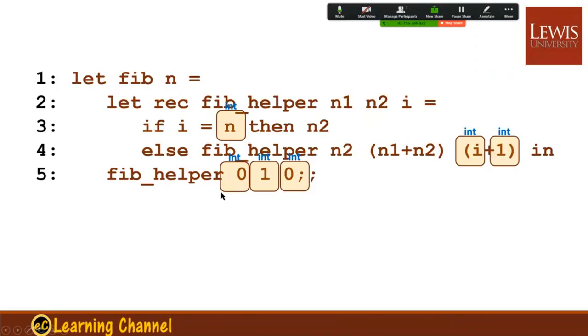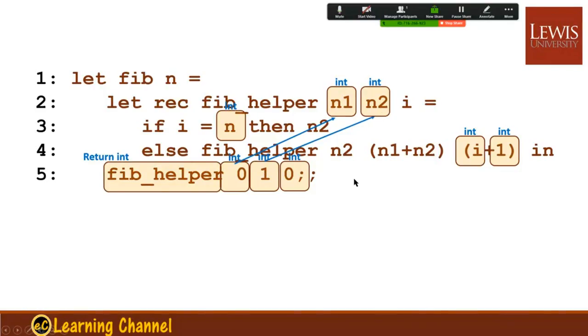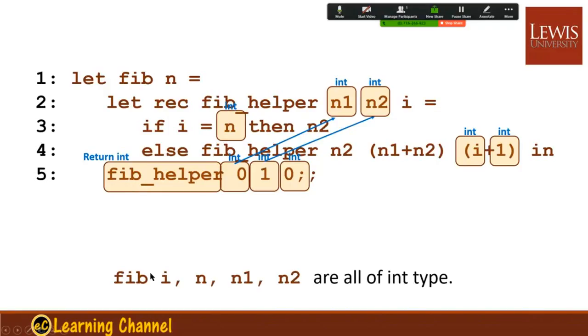And then we have this helper taking integer, integer, integer. And we backtrack to n1, n2 because we pass the variables there. So the function return should be integer type. So fib, i, n, n1, n2 are all integer type.